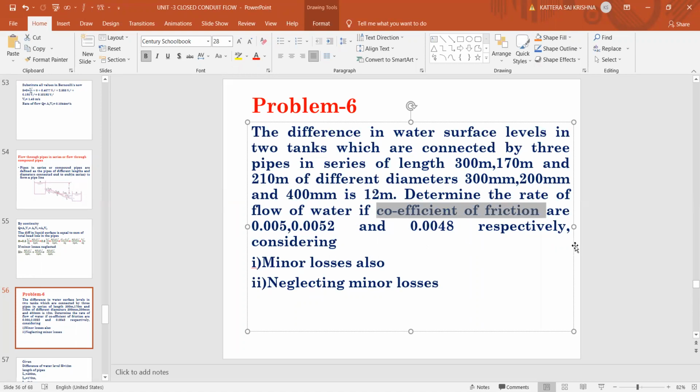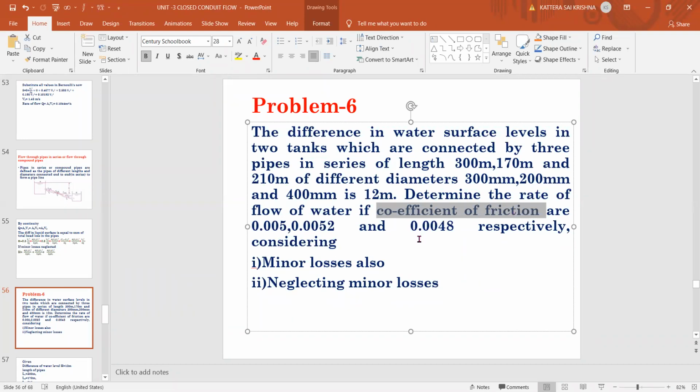In some problems, he will tell you it is common, the friction factor is common for all the sections of the pipe. At that time, he will give only one F value. Here it is taken as F1, the friction factor in the first pipe, then friction factor in the second pipe, friction factor in the third pipe. There is one more name: friction factor is also called the coefficient of friction.